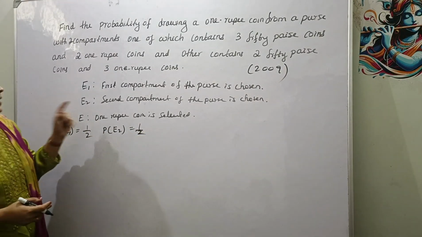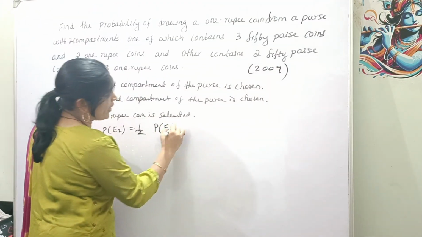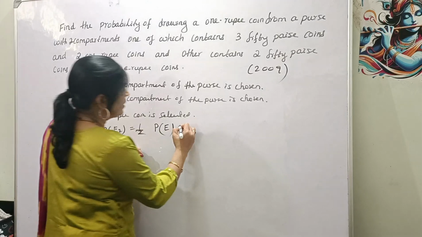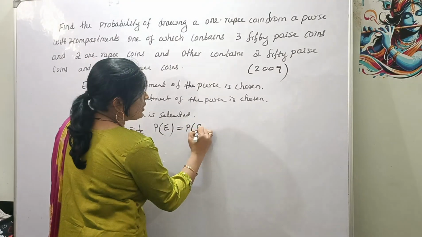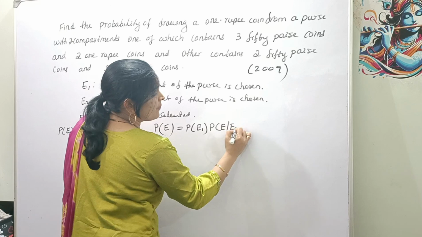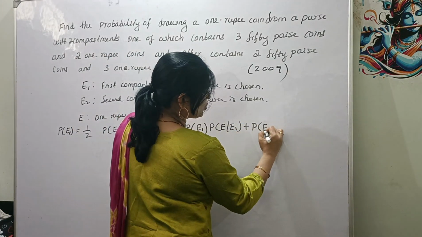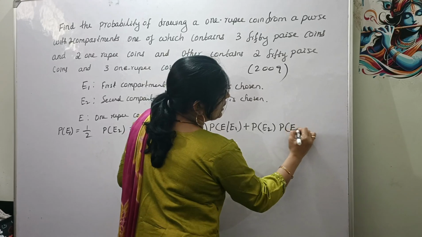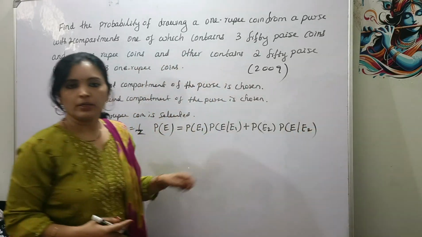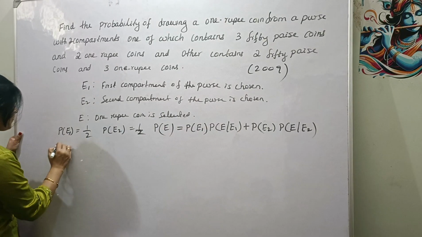Next, let's apply the total probability theorem to find probability of E, that is equal to probability of E1 into probability of E given E1 plus probability of E2 into probability of E given E2.